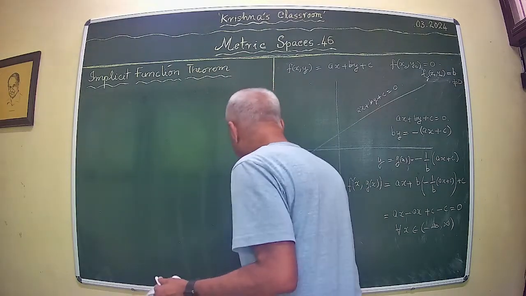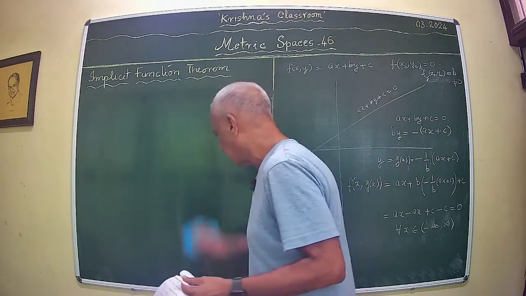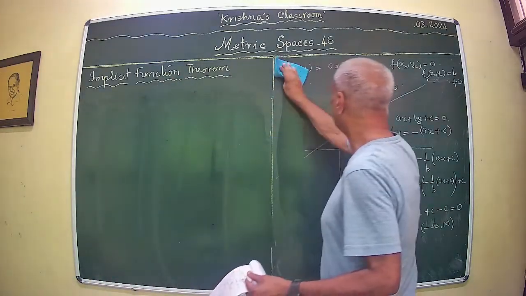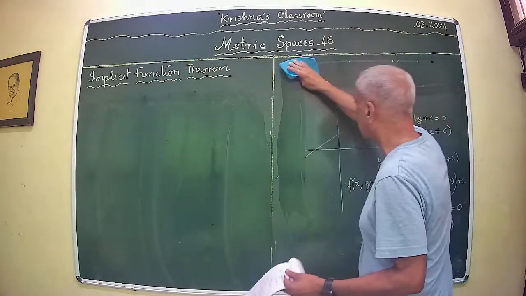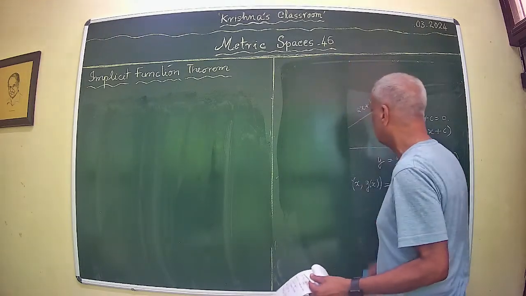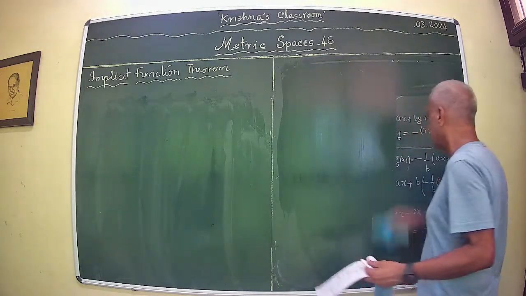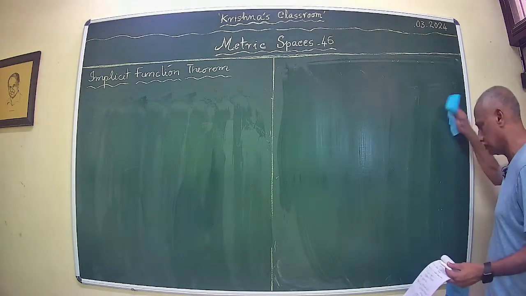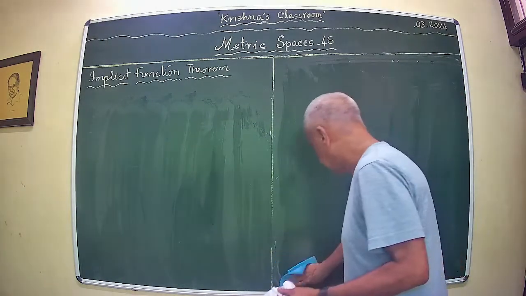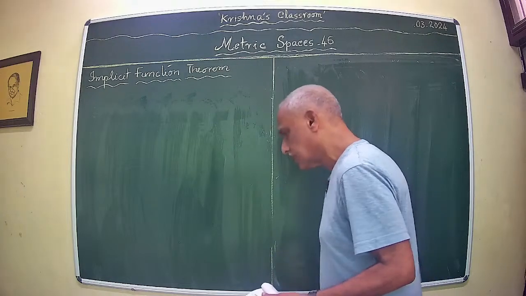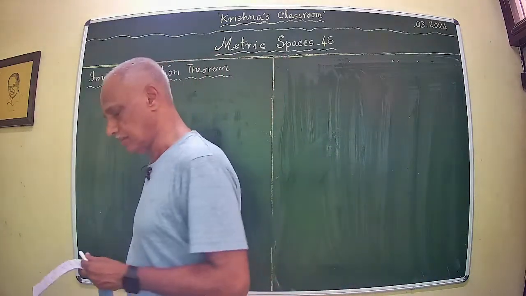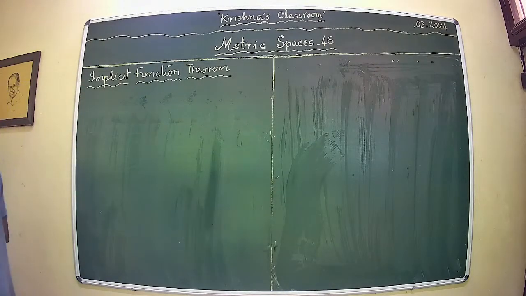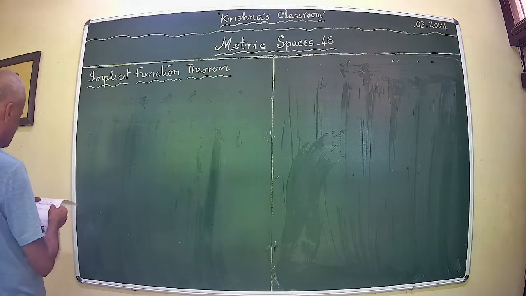I take up these kinds of examples and try to give you an idea of what the theorem is and how to formulate the proof. Okay. So as I said, our trump card is the fixed point theorem. So we have to rework the whole thing such that you can apply the fixed point theorem.